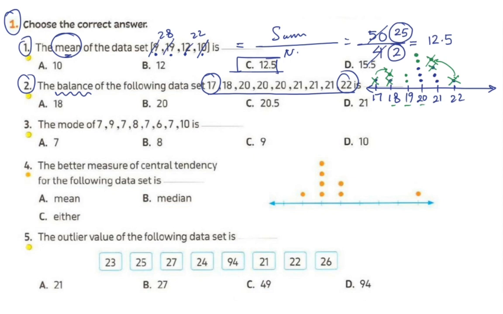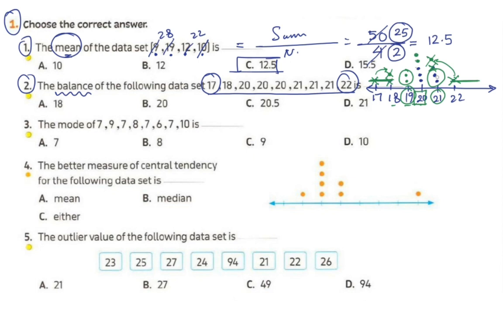Now look here. We have nothing here and nothing here, but we have 2 dots of 19 and 2 dots of 21. But at 20 we have 1 2 3 4 5.